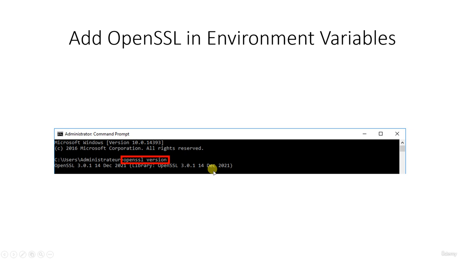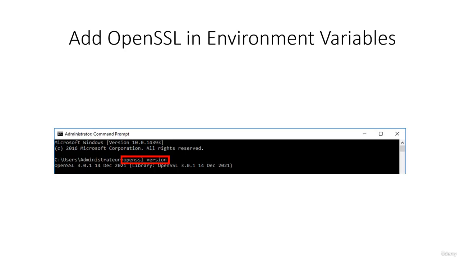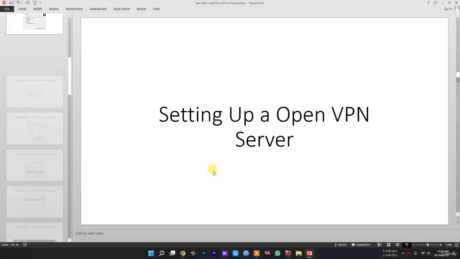After adding our environment variable, what you need to do is install OpenVPN. Just visit the OpenVPN official website and download. Let me show you the process.